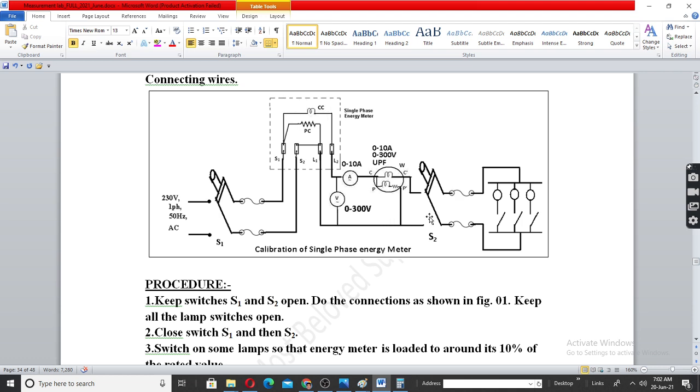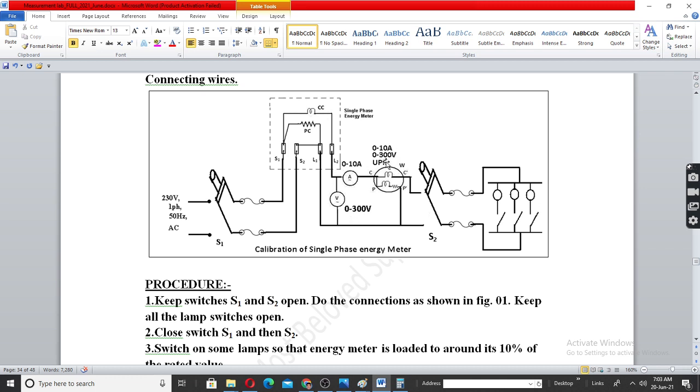See, energy is given by power into time. So watt meter into time. To calibrate an energy meter, you can use two energy meters, one standard and one the meter which is to be calibrated, and connect them as it is.